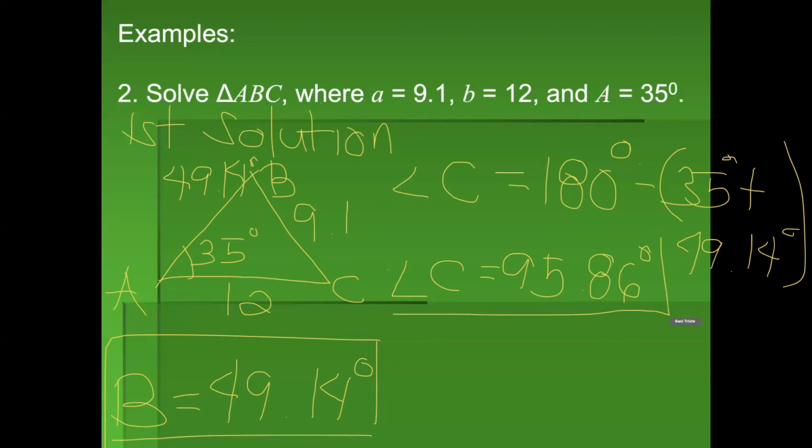So those are the three angles: A is 35, B is 49.14, C is 95.86 degrees. From there, we can now solve for the last missing side, which is side C.